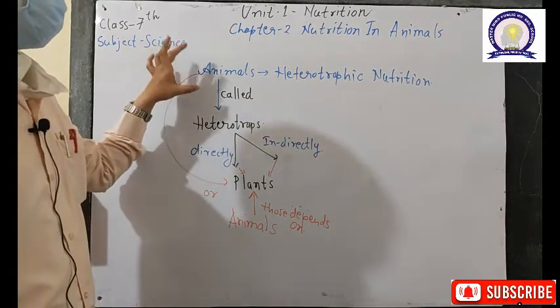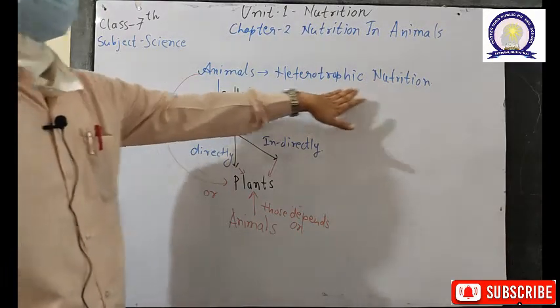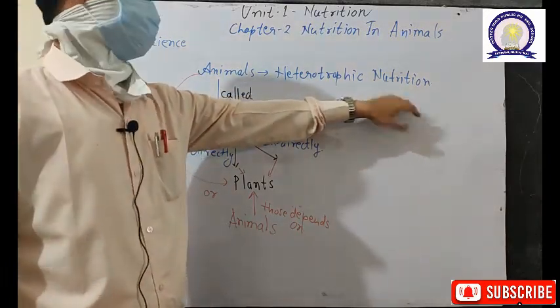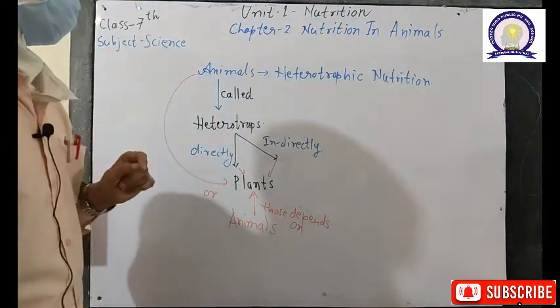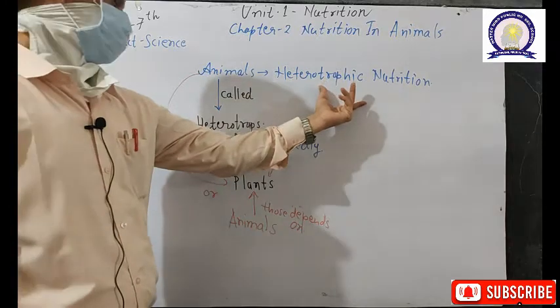Previously I told you that animals are heterotrophic in nature in the process of nutrition. What is the meaning of heterotrophs? I have already told you that hetero means depending on others for their nutrition.